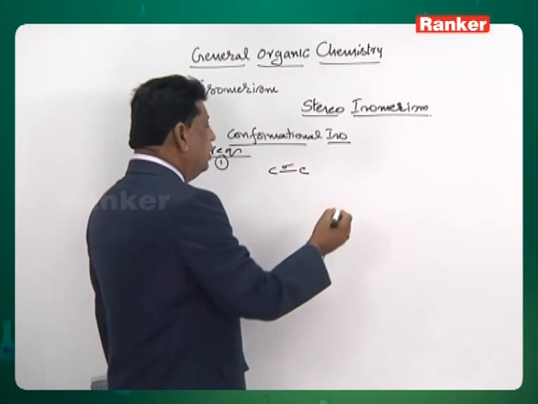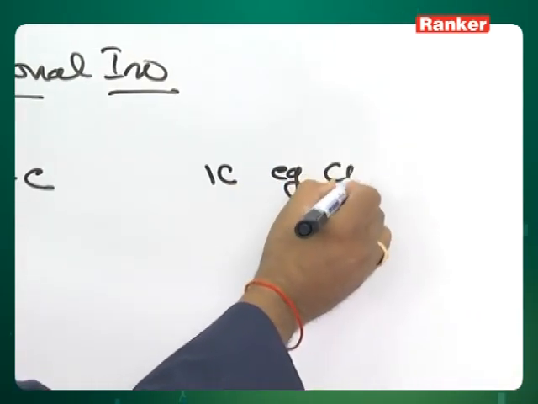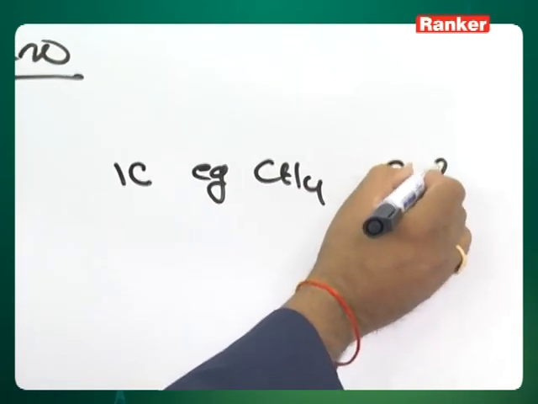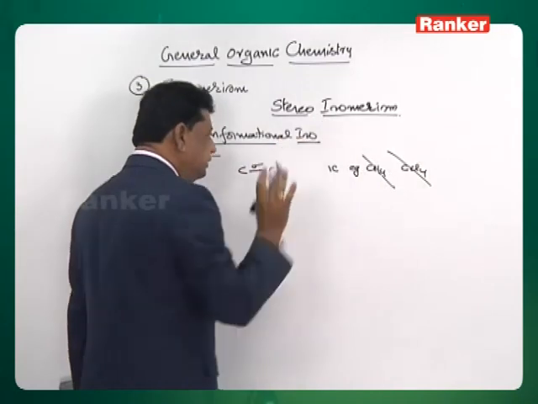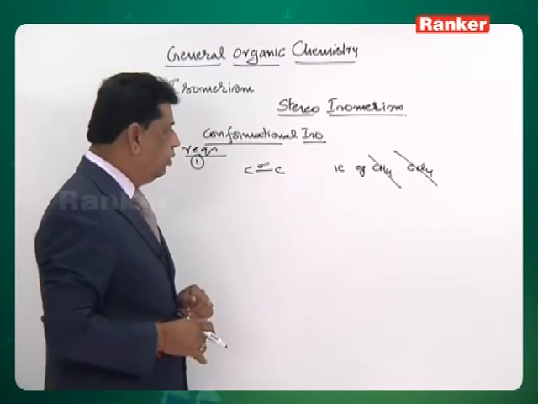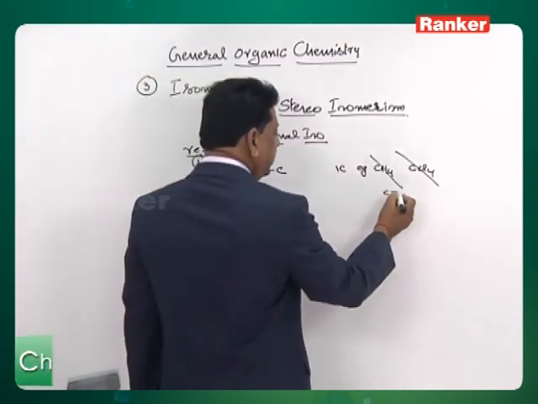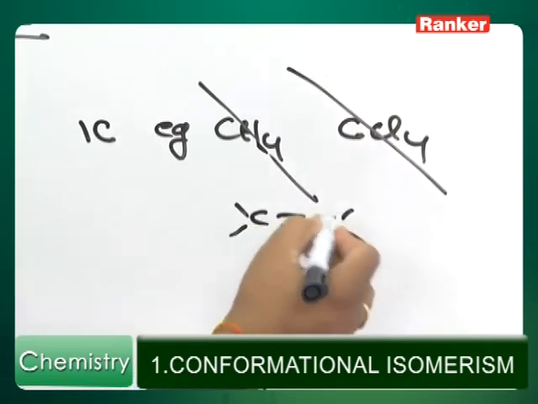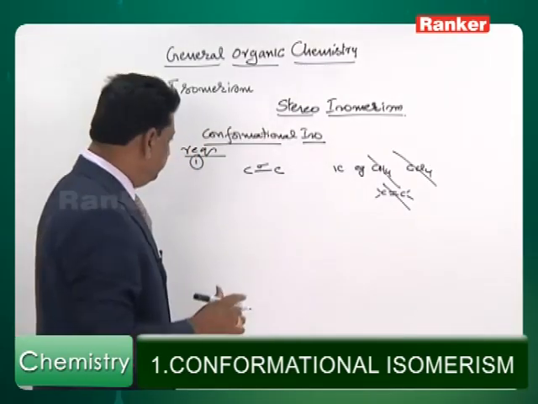That means one carbon compounds, like methane and CCl4, are not eligible to show this isomerism. There should be a C-C sigma bond. So, one carbon compounds and two carbon compounds containing double bonds like ethylene are also not eligible to show conformational isomerism.